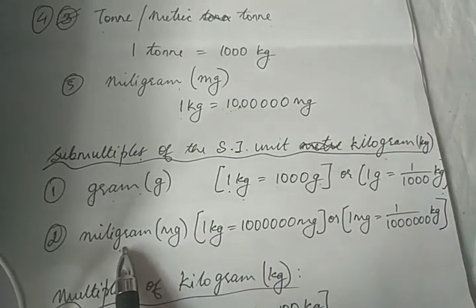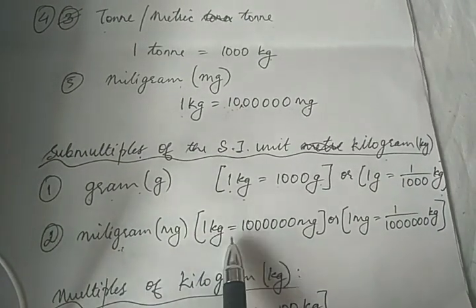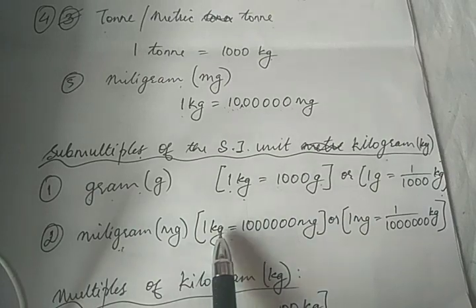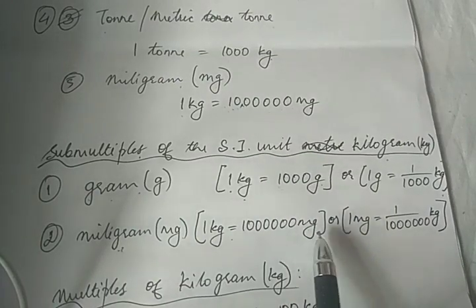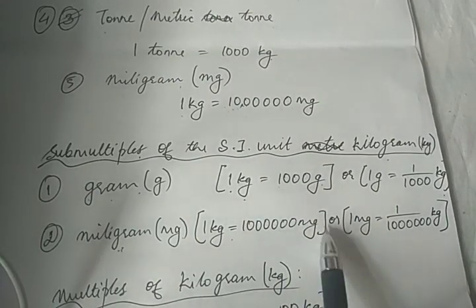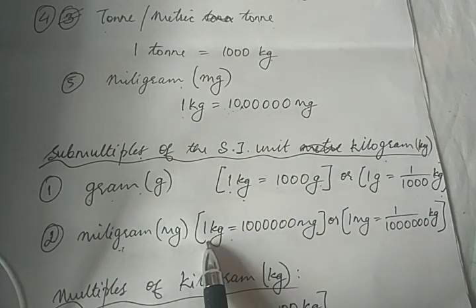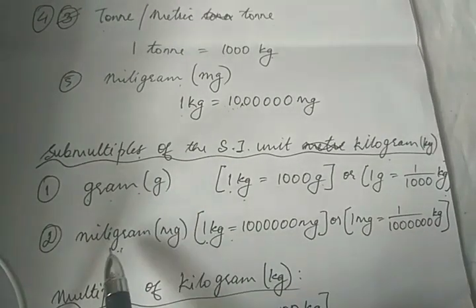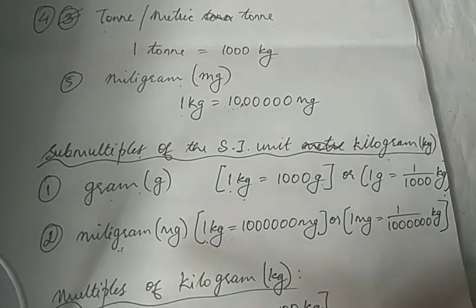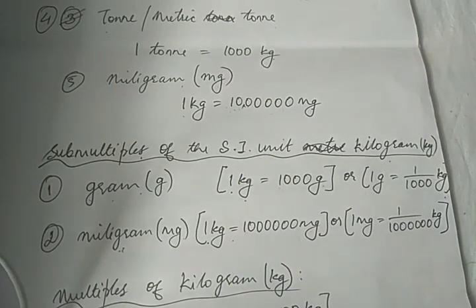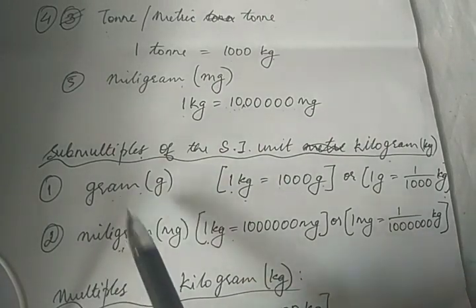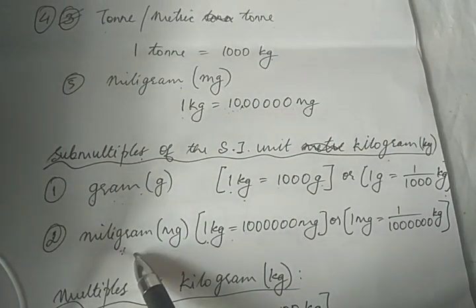Likewise, milligram is also lesser than a kilogram. 1 kilogram is 10 lakh milligram. There are other units also, centigram, decigram, but we don't basically use them. These are the two most commonly used units.